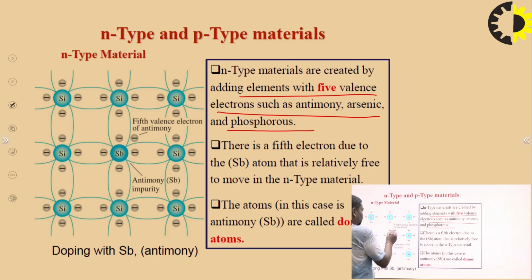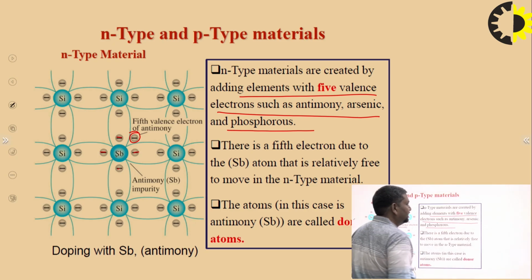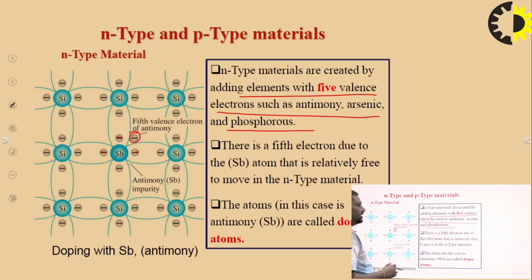Four electrons are paired here, and this is the antimony, so 1 electron is vacant. So they produce more electrons. In the intrinsic semiconductor, if we dope with a 5-valent element, it produces extra electrons, creating high electron mobility carriers.